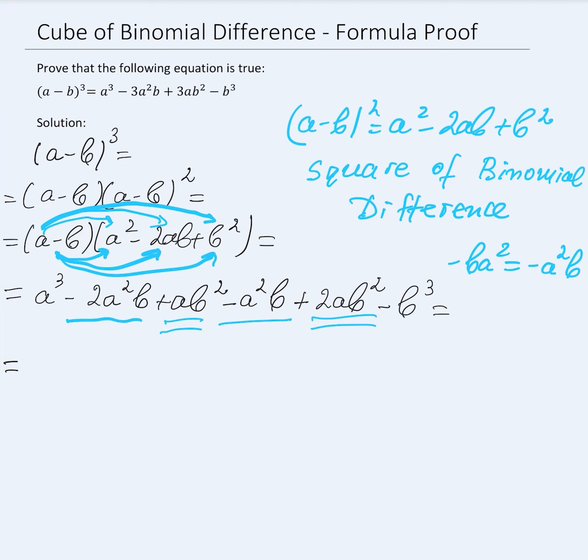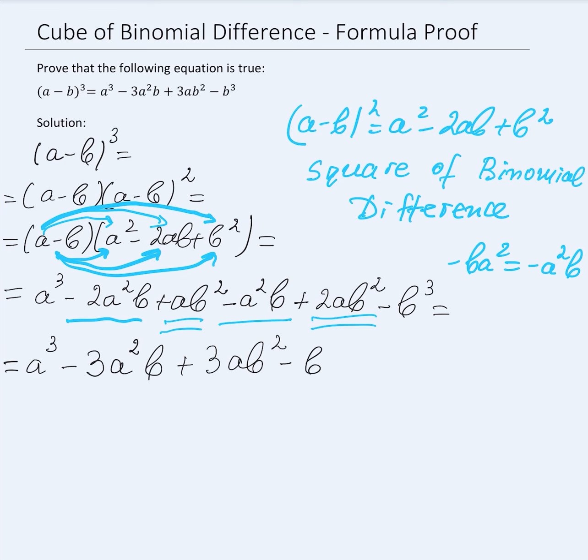This way, we get a^3, negative 2a^2b and negative a^2b gives negative 3a^2b, ab^2 plus 2ab^2 gives 3ab^2.